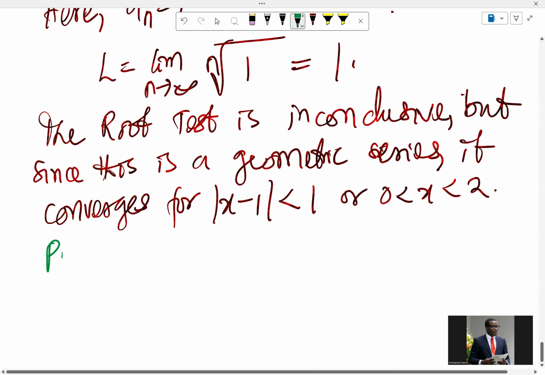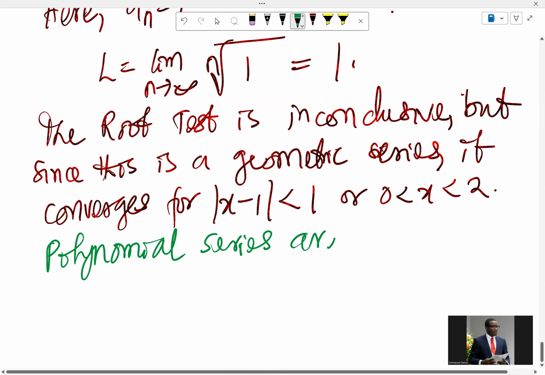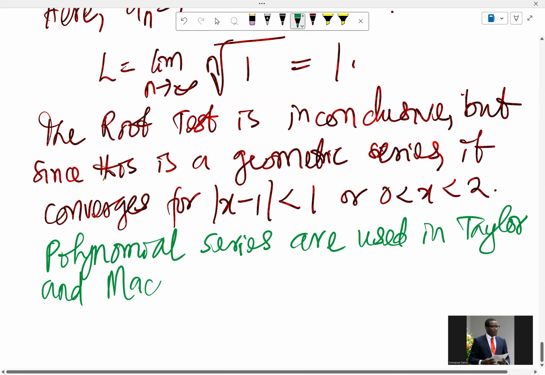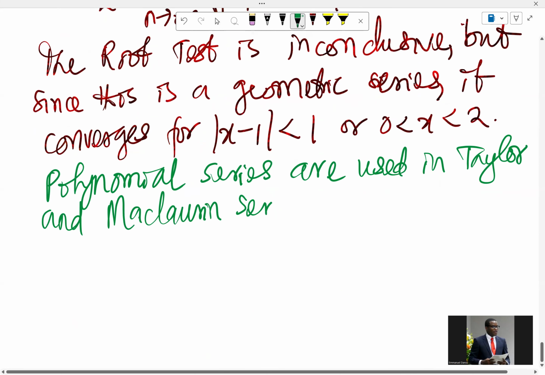All right. So let's look at what's the application of this kind of series. We know that polynomial series are used in Taylor and Maclaurin series expansions. I'm going to make videos on Taylor and Maclaurin series at some point.